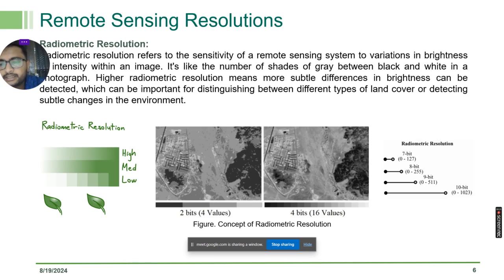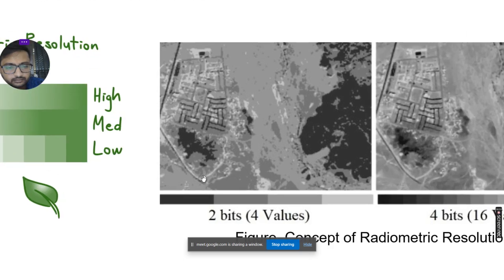So if we increase the number of bits, we can represent different objects as different shades, which will help us differentiate between different features as well. Here in the first image, you can see this color is just black only, so every value is concentrated in this one range.